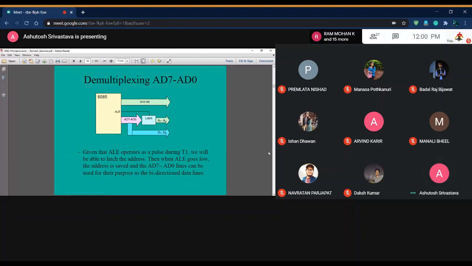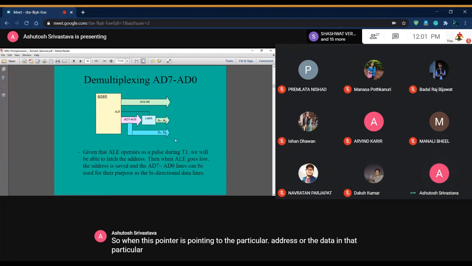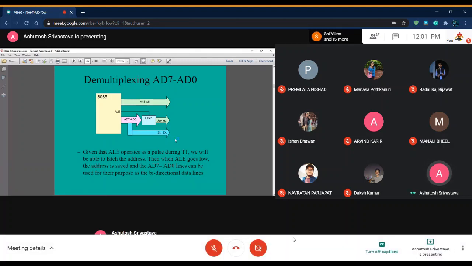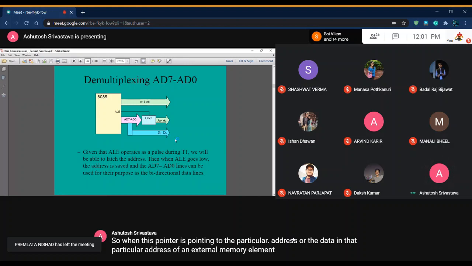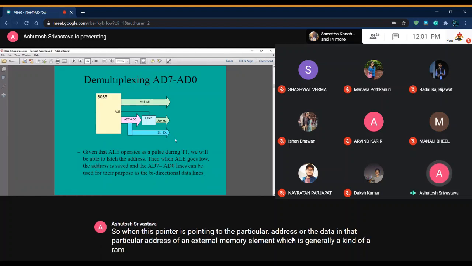So when this pointer is pointing to the particular address or the data in that particular address of an external memory element, which is generally a kind of RAM. Remember the RAMs, as of now there are two predominant RAM systems.